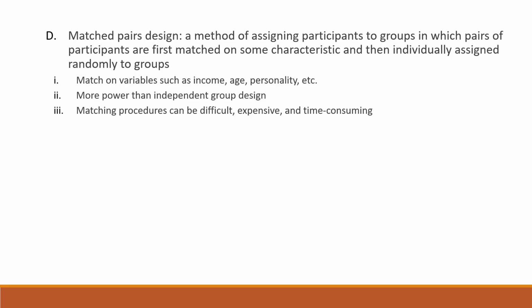The benefit of doing this is that there is more power than in independent group designs, where there are even more variables that are not being controlled for. However, the process of matching participants can be difficult because you have to do more searching for just the right groups of people, which means it's also going to be more expensive and time-consuming.